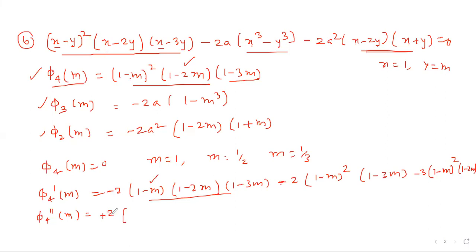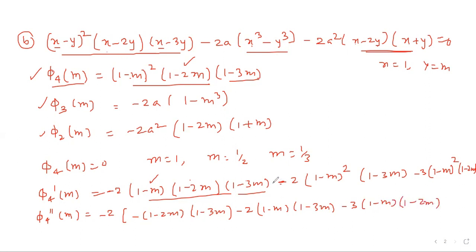This will become plus 2, or we can write it minus 2 inside, and then we differentiate these three terms first. So we will get minus of (1 minus 2m) times (1 minus 3m) minus. Then we differentiate this term, we will get minus sign, minus 2 times these two terms, (1 minus m) into (1 minus 3m). Then we differentiate this, so we will get minus 3 times (1 minus m) times (1 minus 2m). This is differentiation of this term.